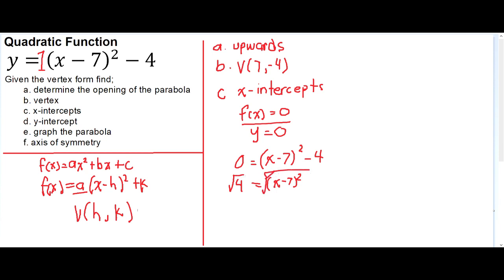Square root both side. Cancel yan, cancel yun. Square root of 4 is 2. Positive, negative. You have now x minus 7. Transpose mo si negative 7 sa kabila. You have now x is equal to 7. From negative, magiging positive. Positive, negative 2.